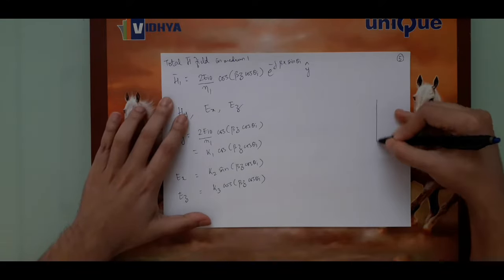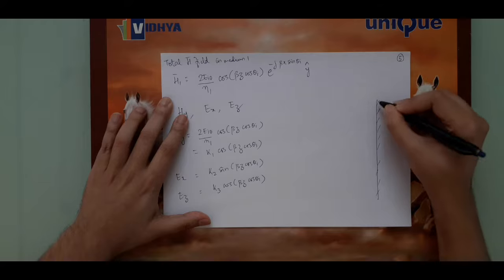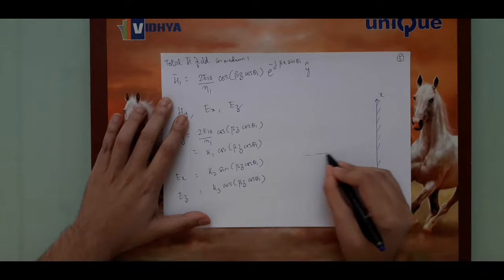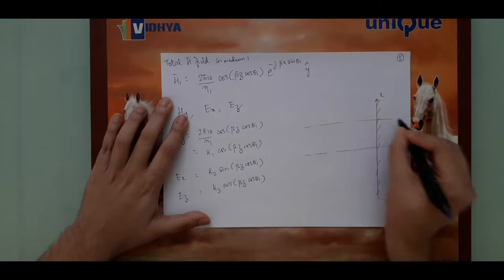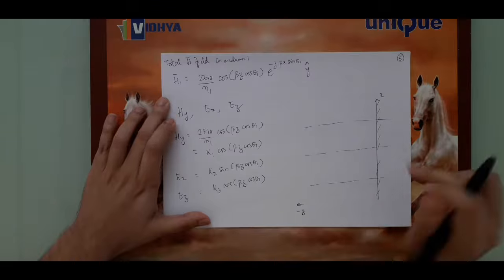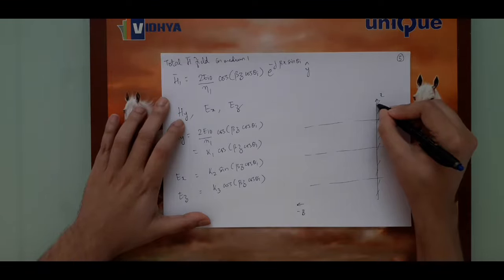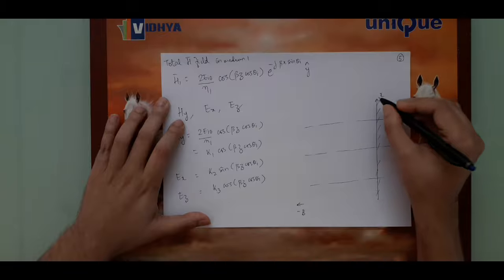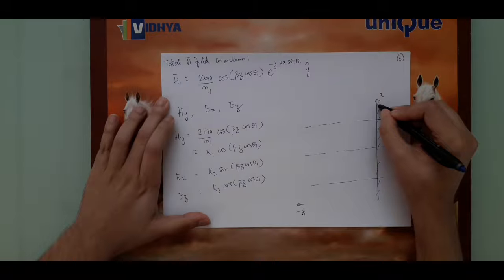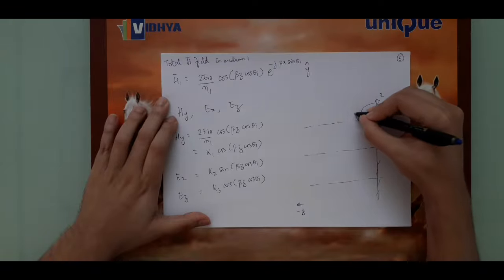So again, if you look at the boundary, this is the x-axis, this is the minus z-axis. So if I now draw the three components, Hy will look like this. It's a cos term, so something of this kind.